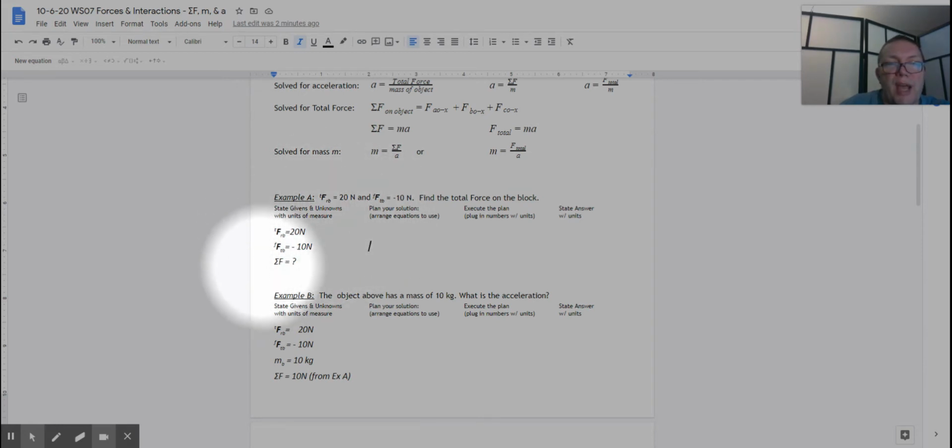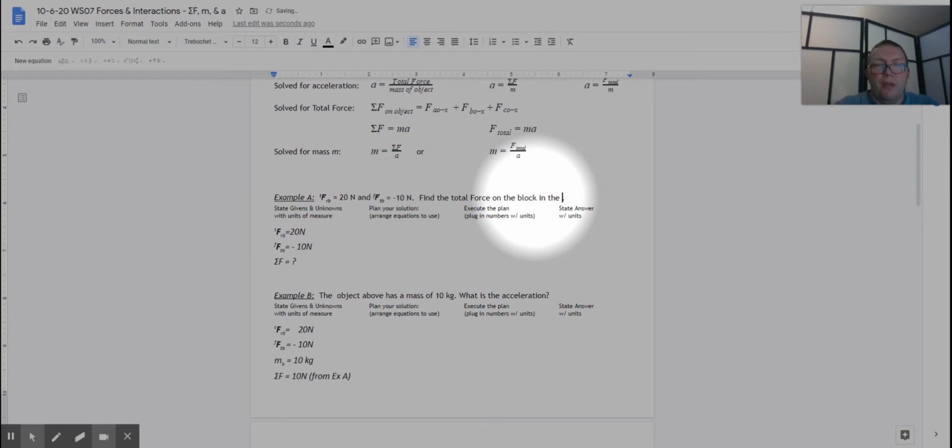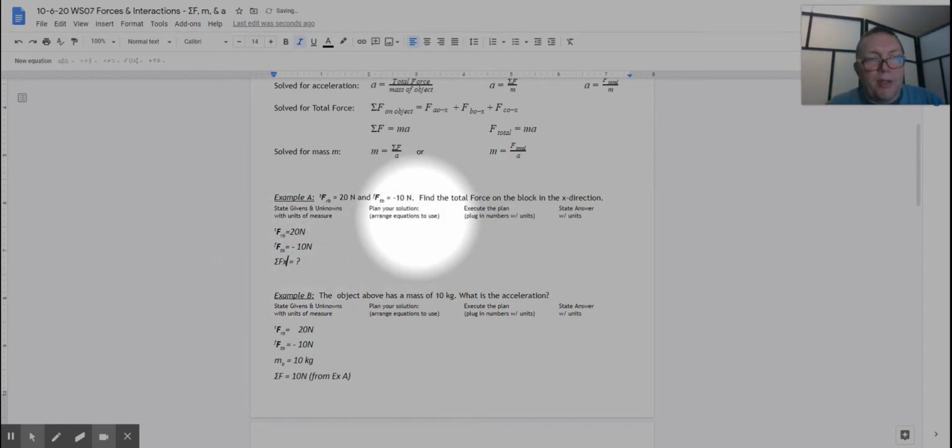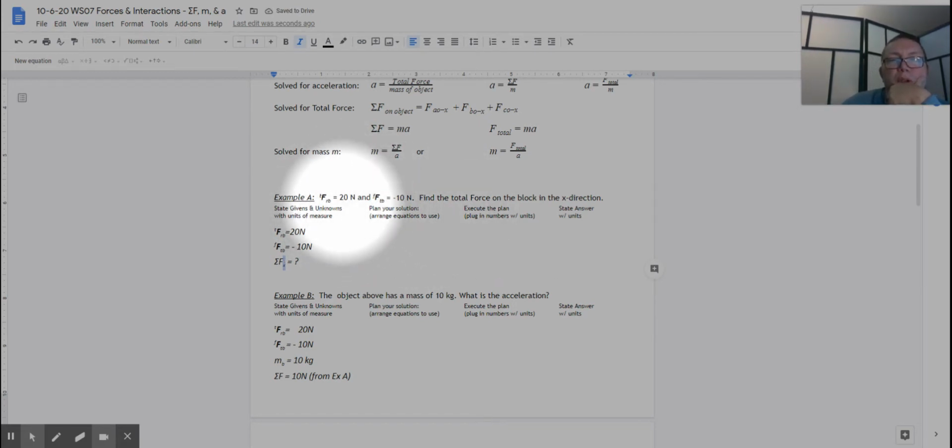So we have this data here, and now plan your solution. I'm trying to find the total force. I'm trying to find the sum of the forces on the block. I really probably should say here in the x direction. That would help. So as we look at this problem, we're saying 20 newtons for the rope on the block, negative 10 newtons for the force of friction.